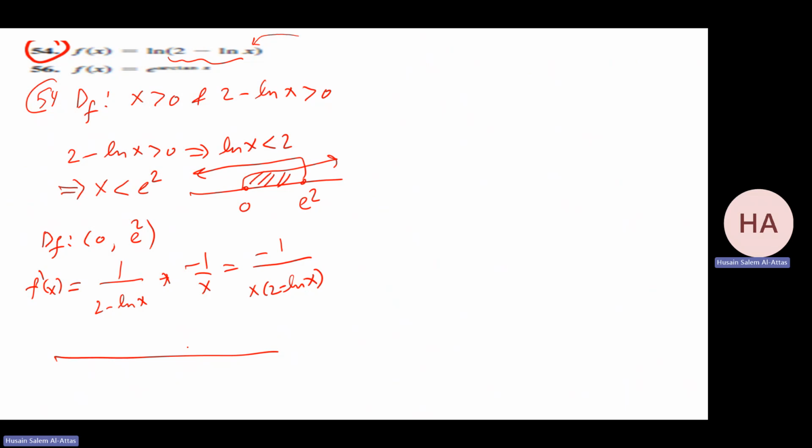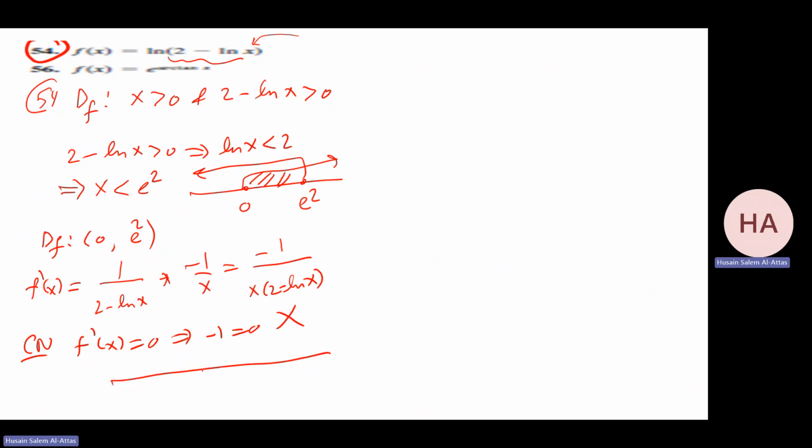Now, don't forget, the number line should be between 0 and e squared. Will f prime have critical numbers? If f prime equals 0, it will give me minus 1 equals 0, which is nothing. We cannot do anything here.